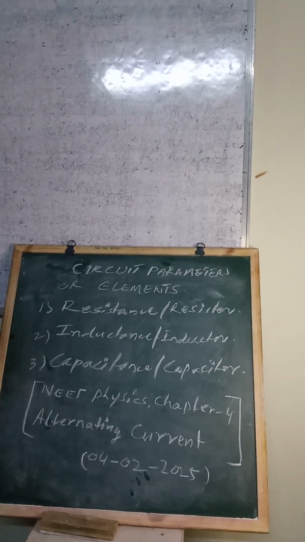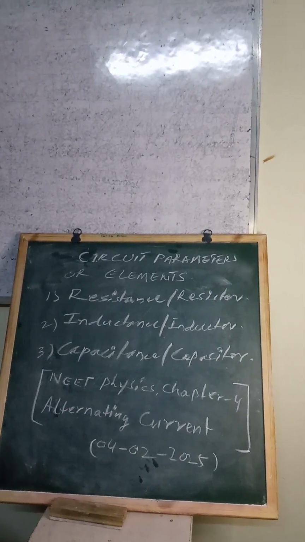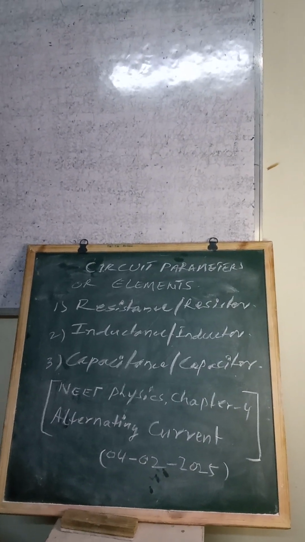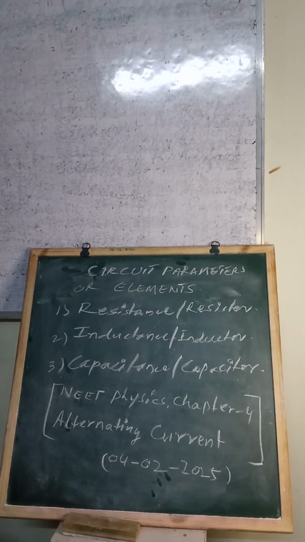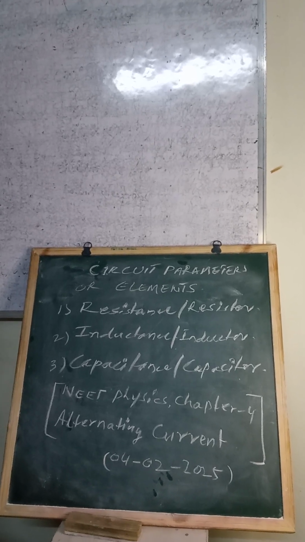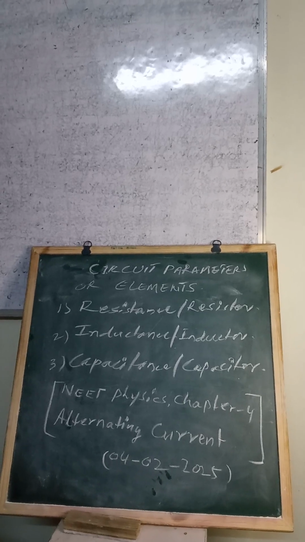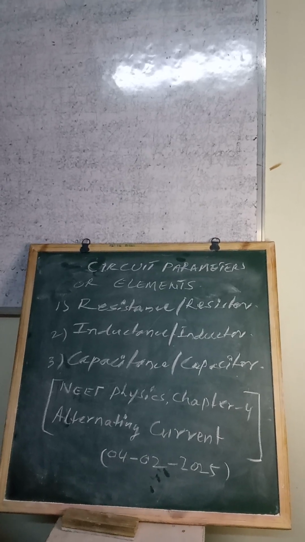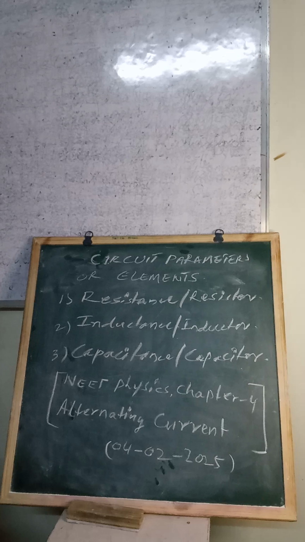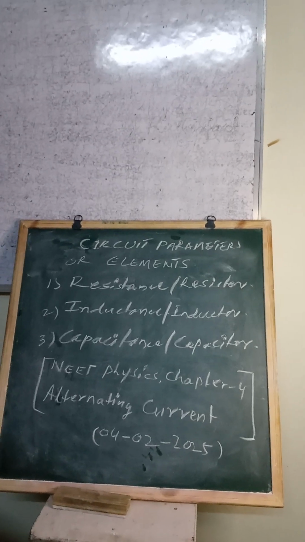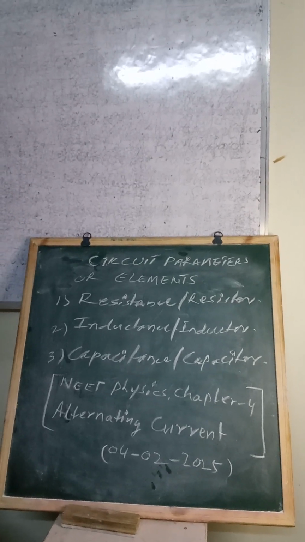The same chapter number 4 is in continuation. Today we will discuss circuit parameters or circuit elements. Basically, there are three parameters or elements of the circuit.